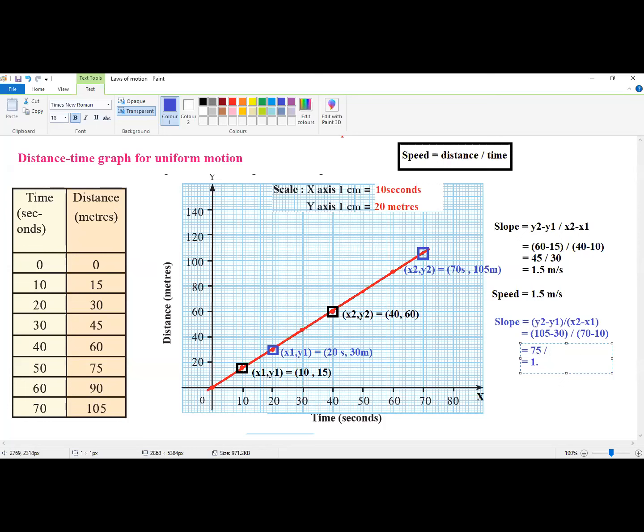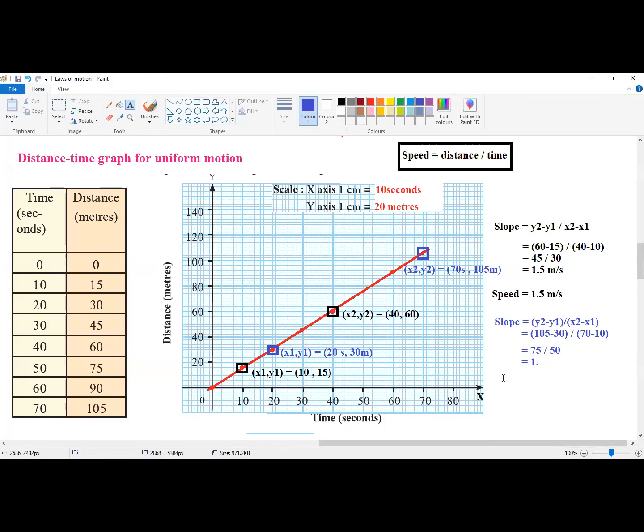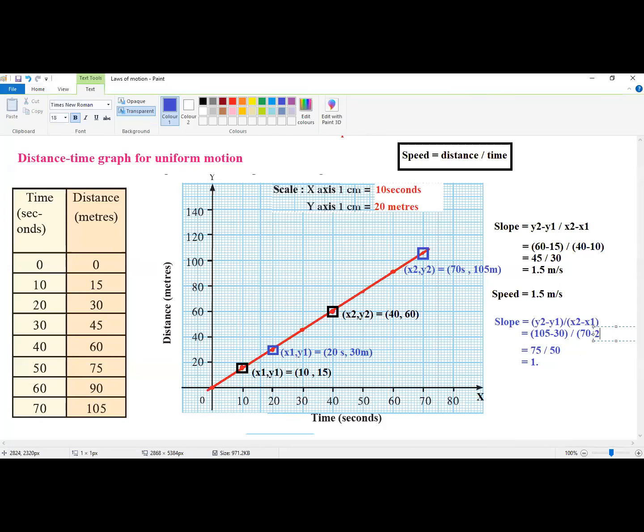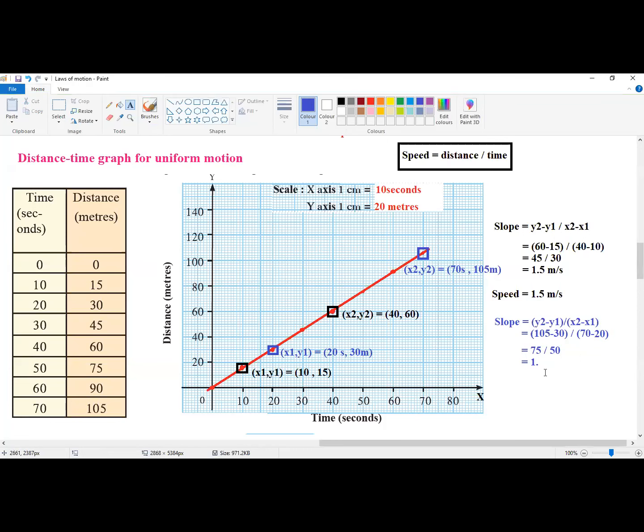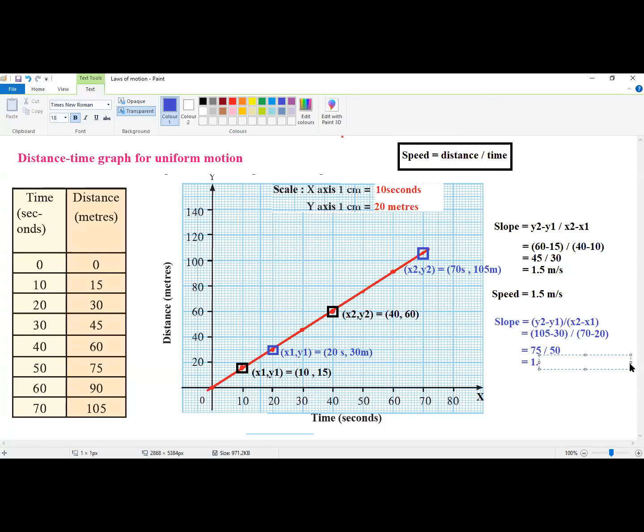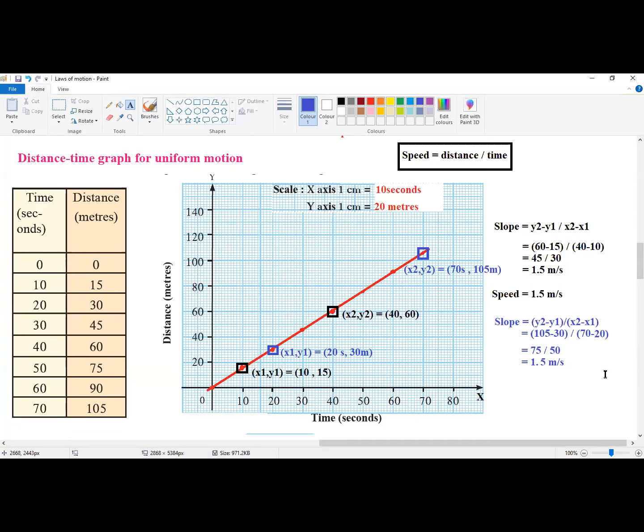Here it should be 20, right? 70 minus 20, correct? 1.5. Yes. So again it will be 1.5 meters per second.